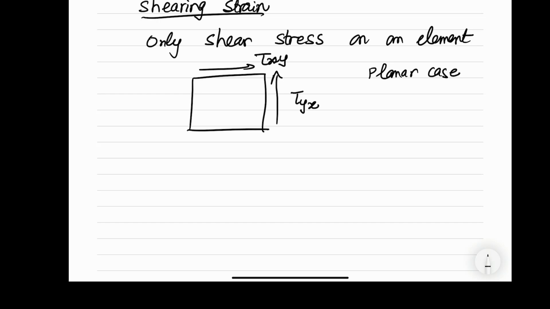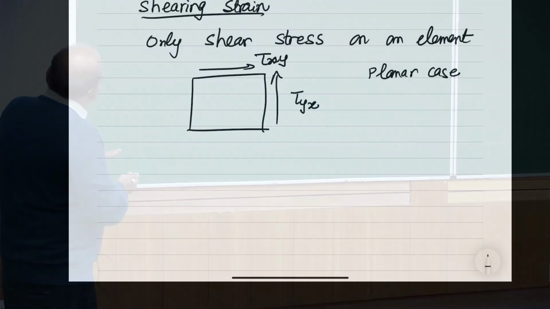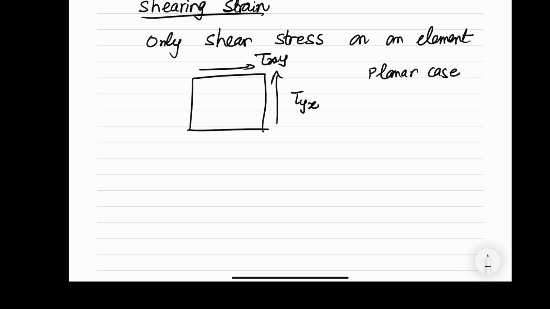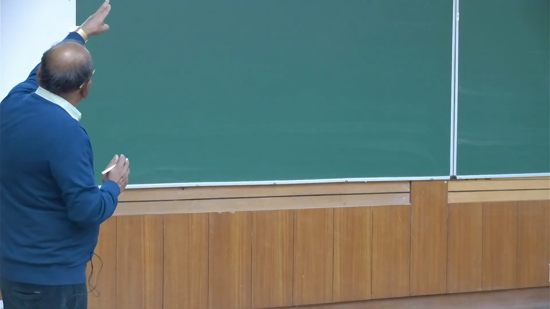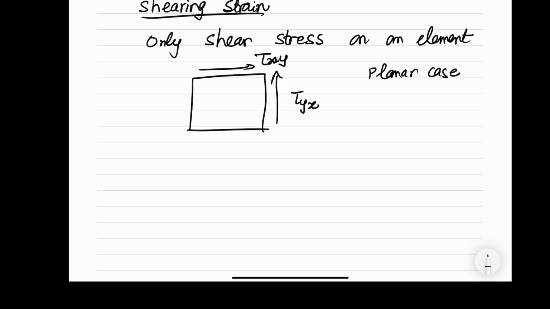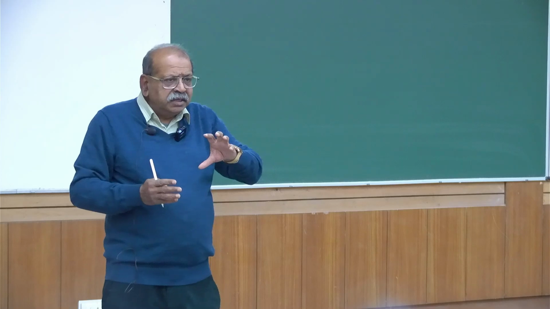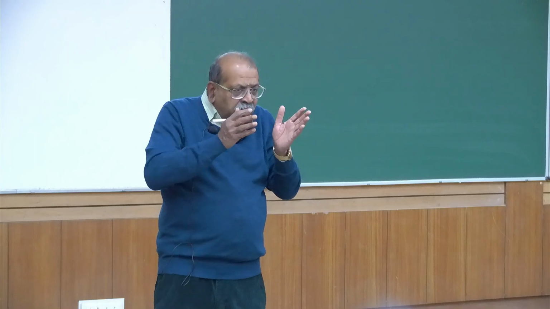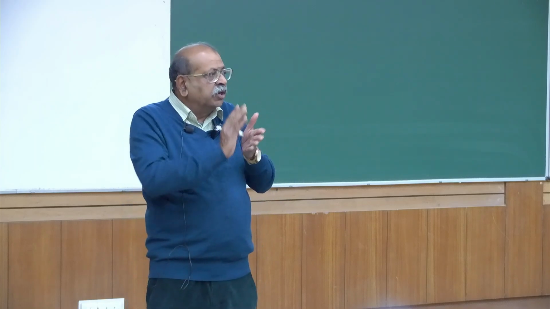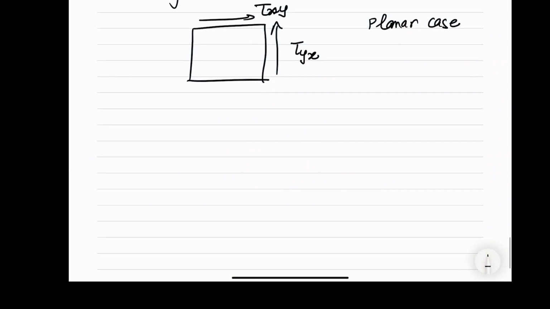Earlier we had seen only axial stress. Now we are looking at a case where there is only shear stress on the faces. And in a planar case, it will look like this: tau yx and tau xy, which are equal. And in a three-dimensional case, you will have 2 shear stresses on each face. So this is a planar case.